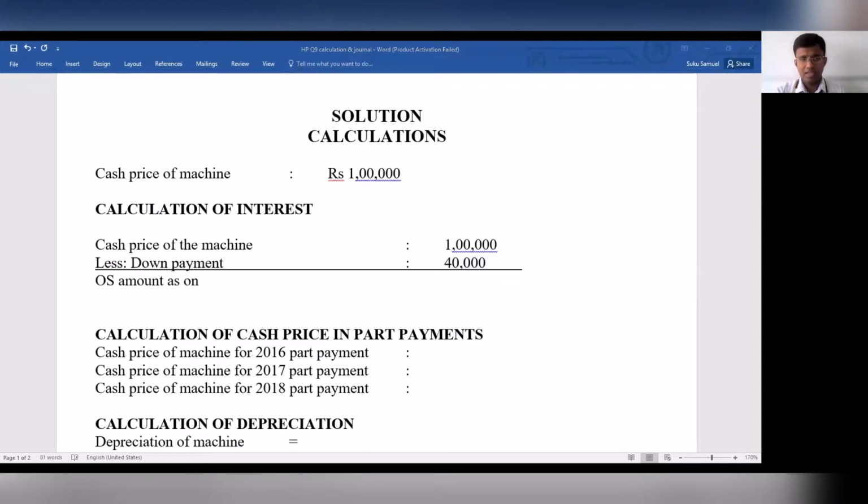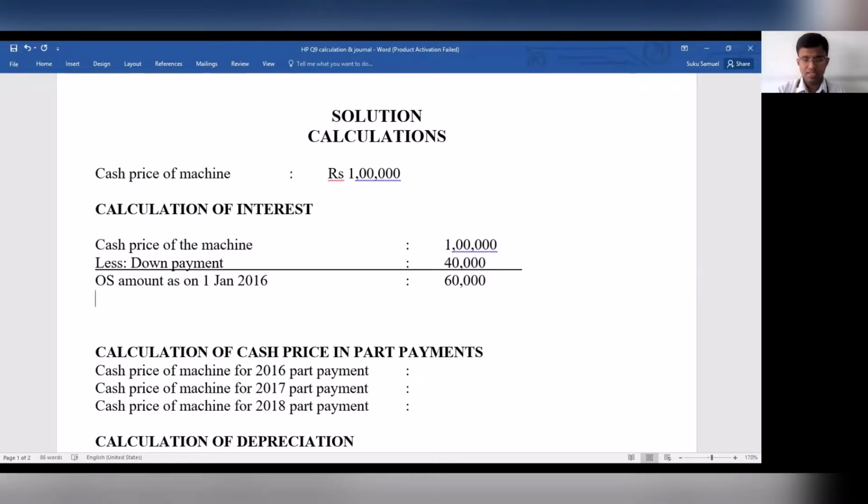Now let's calculate the outstanding amount as on 1st Jan 2016. The outstanding amount as on 1st Jan 2016 is 60,000.